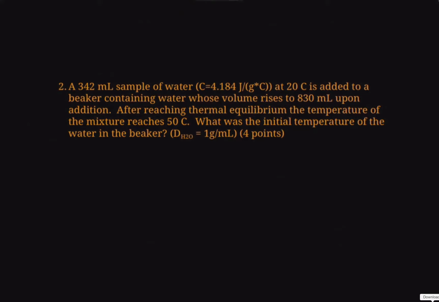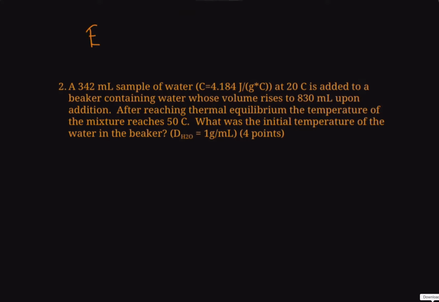So again, there are different ways to solve this problem. What I think is the most straightforward is to keep in mind that the total amount of energy in the mixture, assuming no heat is lost in the process, is equal to the energy of the sample that was in the beaker plus the energy of the sample that you add to the beaker.